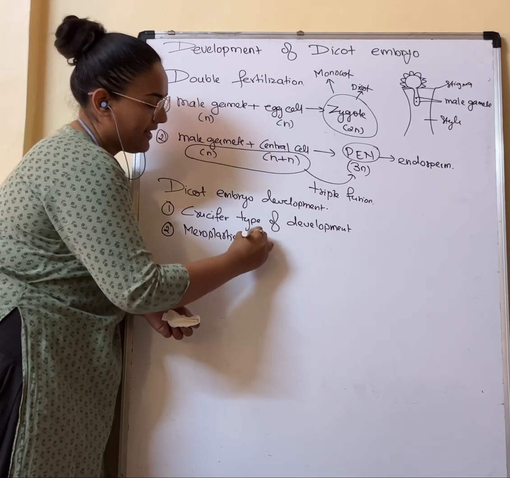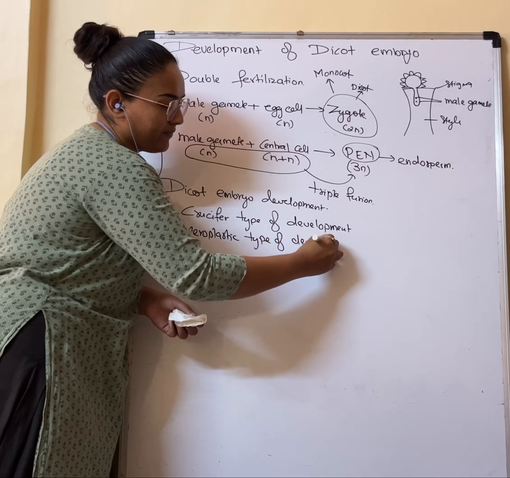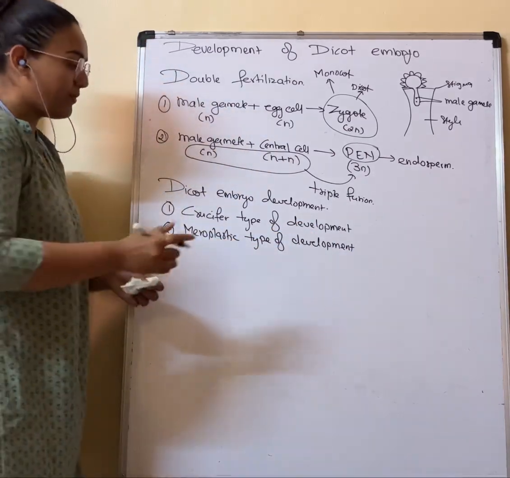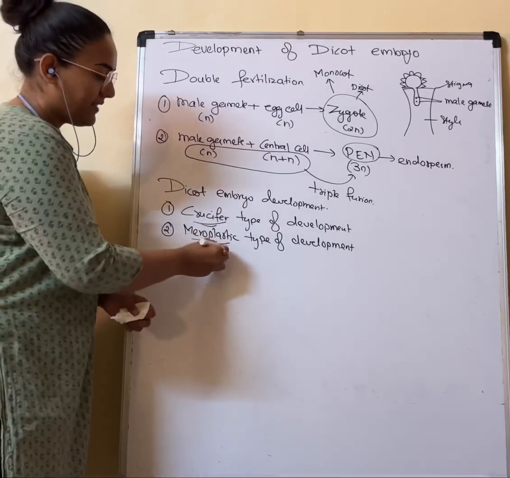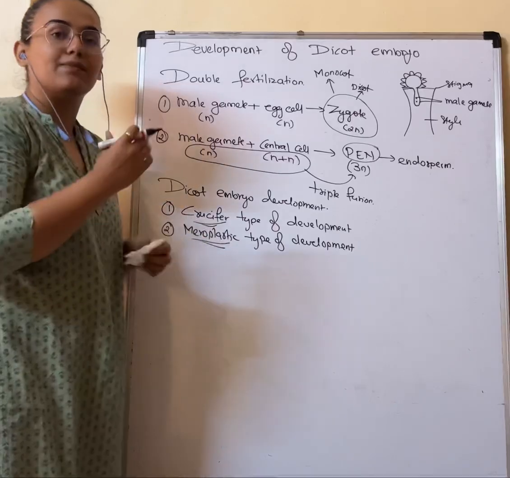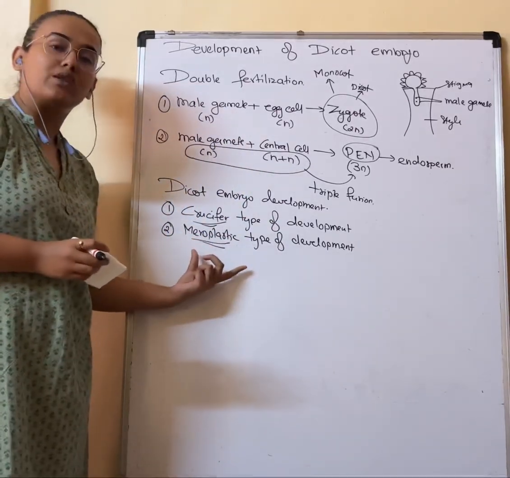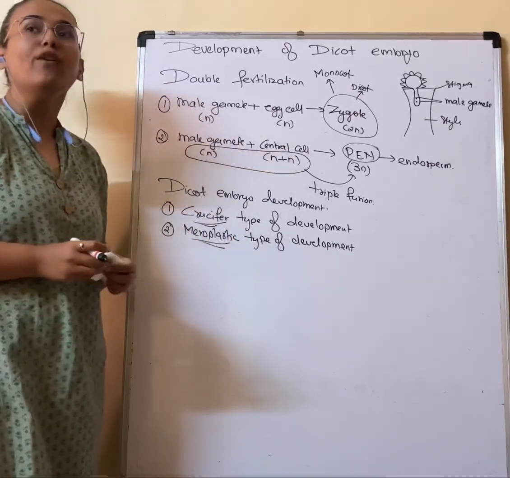So these two points are to be kept in mind, that is cruciferous, and then the meroplastic development, and these two terms will be explained as we go deeper into the topic.